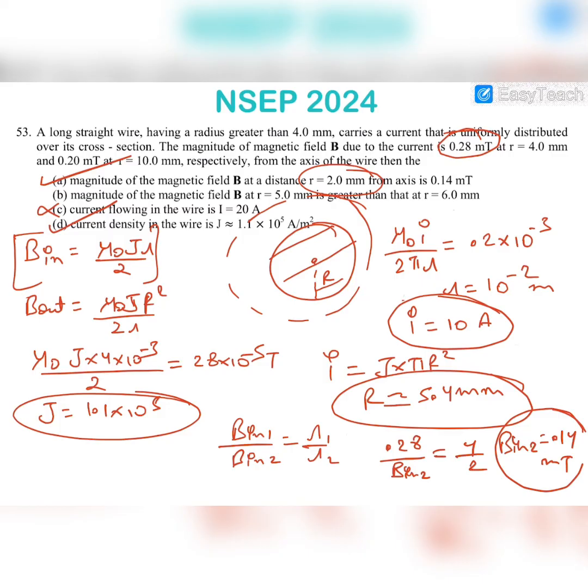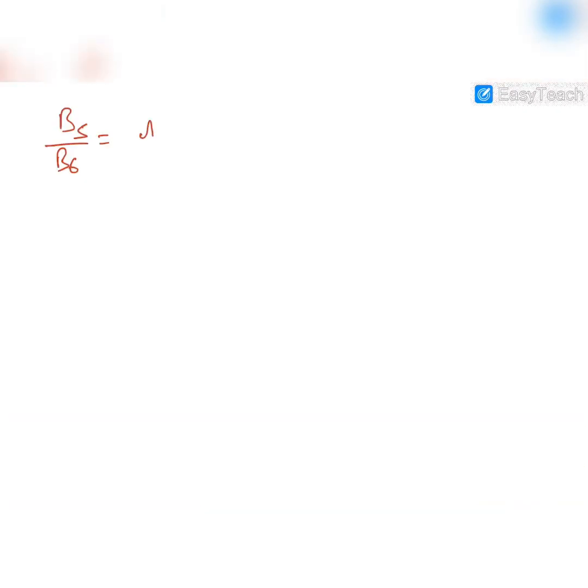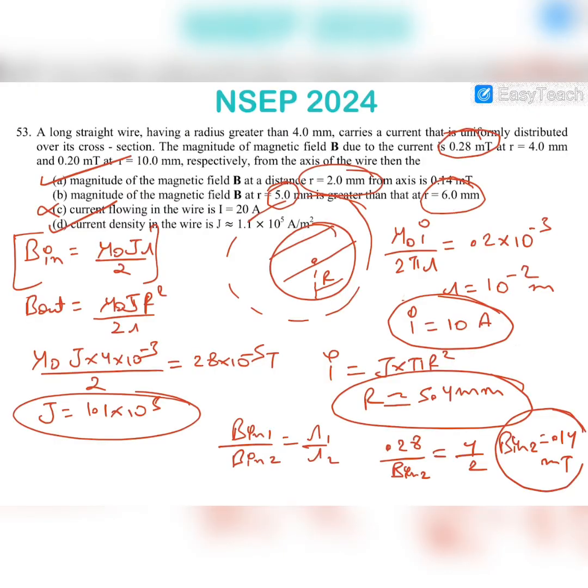For option B, the magnetic field at 5 mm is greater than the magnetic field at 6 mm distance. So let us use the new page. Now 5 mm is a point inside the wire and 6 mm is a point outside the wire. So B at 5 upon B at 6 mm should be in the ratio of r, which is 5 mm.